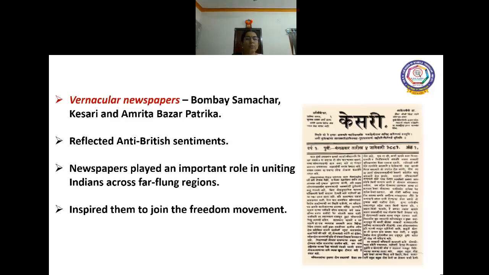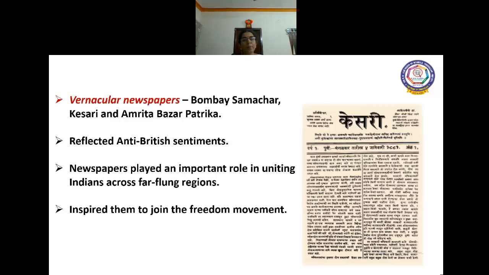And vernacular newspapers, that is, regional language newspapers, can be taken as examples of sources for the modern period. Bombay Samachar, Kesari, and Amrita Bazar Patrika made people aware of the real intentions of the British. When the national movement was at its peak, the British tried to suppress the press, but they were unsuccessful.